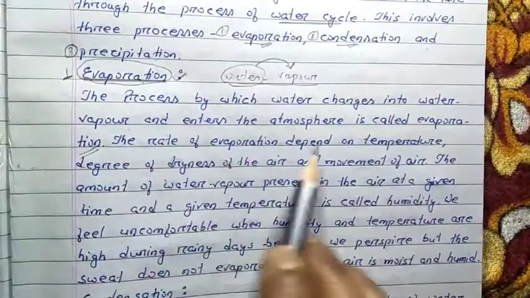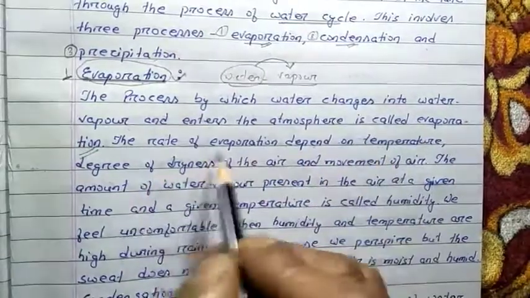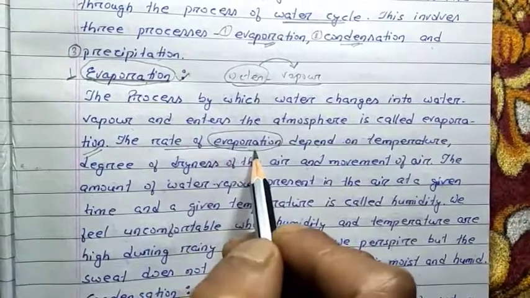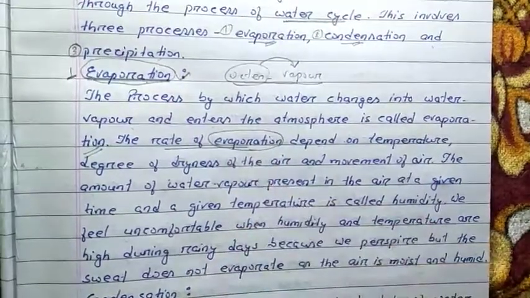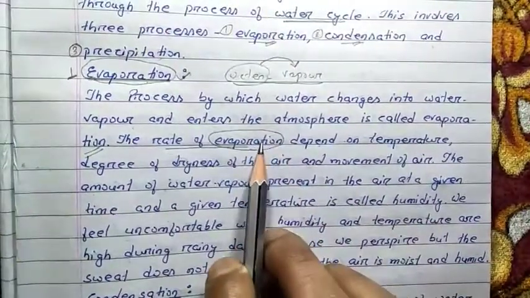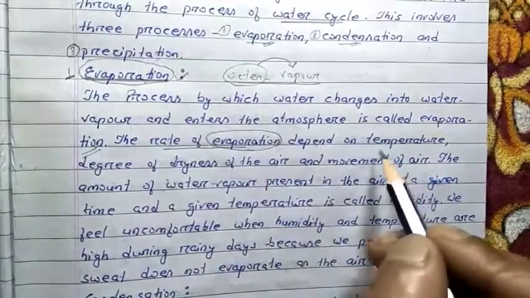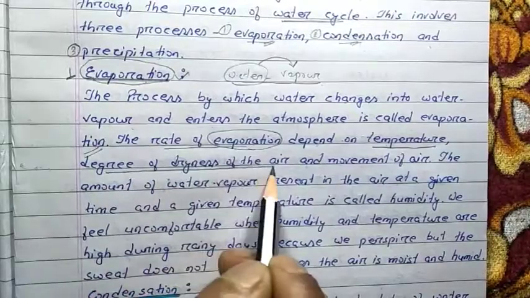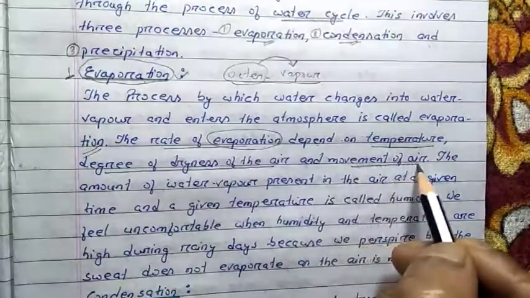The rate of evaporation depends on temperature. The rate of evaporation is not the same everywhere, and not at all times. It mainly depends on three factors. The first factor is temperature, the second is the degree of dryness of the air, and the third is the movement of air.